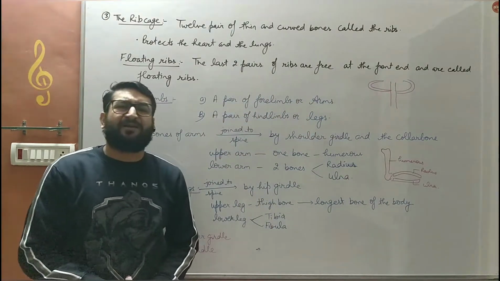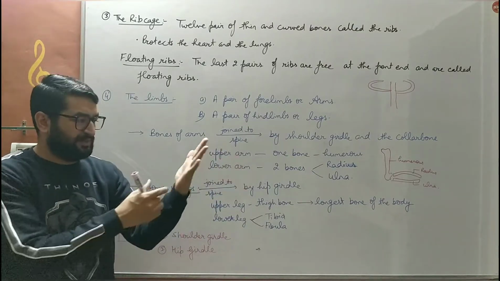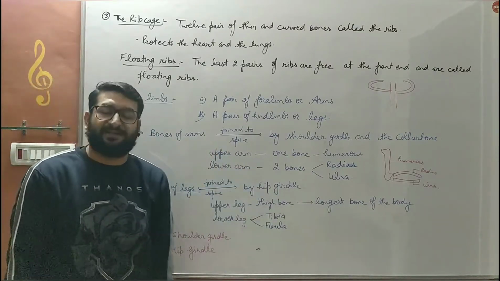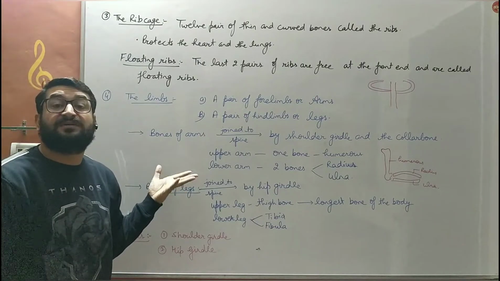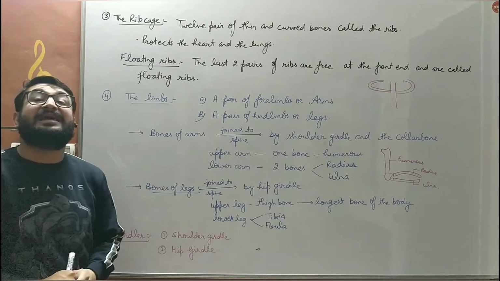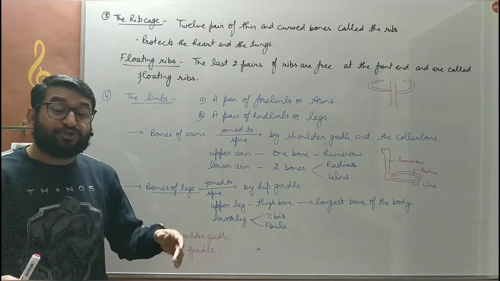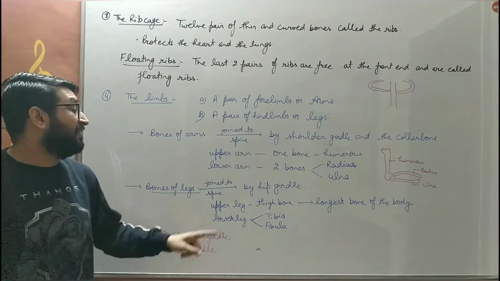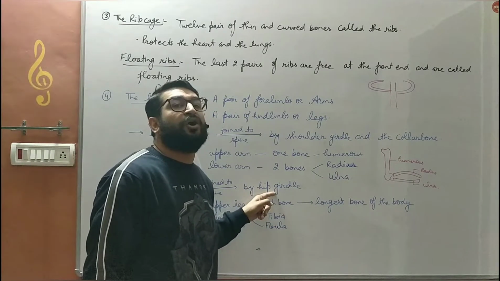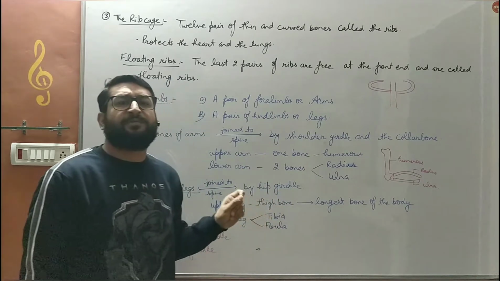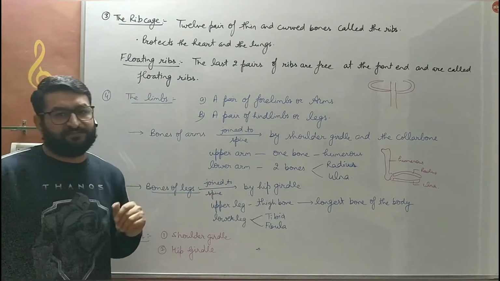Then metacarpals, carpals, tarsals, digits. ये पूरा हाथ बनता है फिर. तो उसके बाद का हिस्सा. So that is limbs. Next is hind limbs, the legs. The legs are joined to the spine by a girdle named the hip girdle or pubic girdle. Hip girdle is also known as pubic girdle.